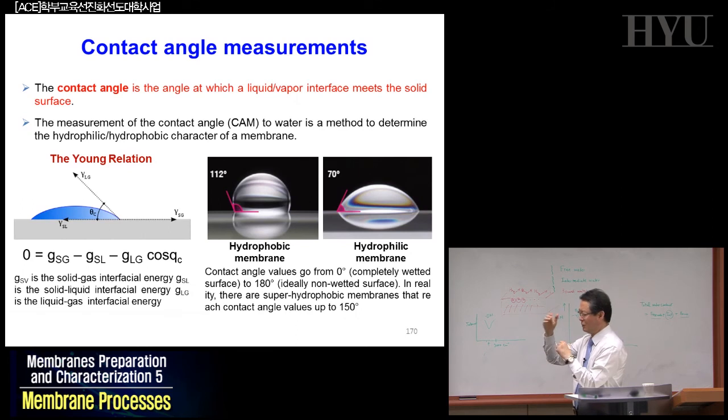So the water will be repelled, and that property, superhydrophobicity, comes not just from the material property, but from the configuration of your pores. The surface is very rough, so that water will not touch the deeper valleys of the membrane pores.